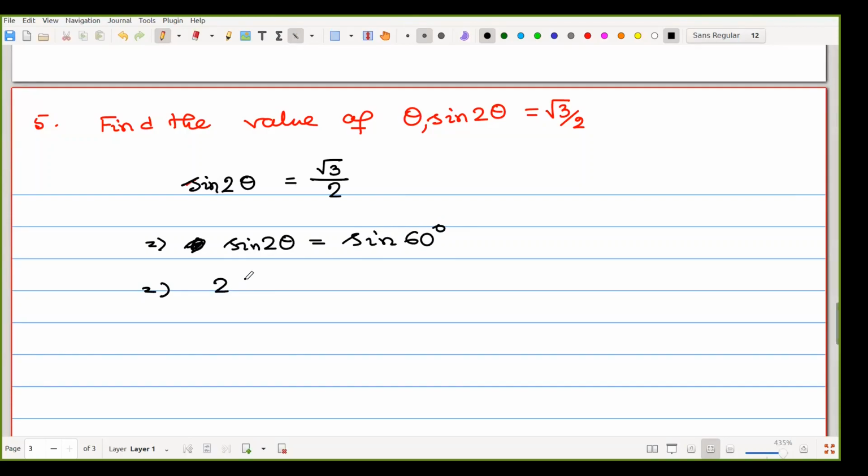So we can say 2 theta is equal to 60 degree, or theta is equal to 30 degree. Here we have to find the value of theta, given sine 2 theta is equal to root 3 by 2. Root 3 by 2 means sine 60 degree.